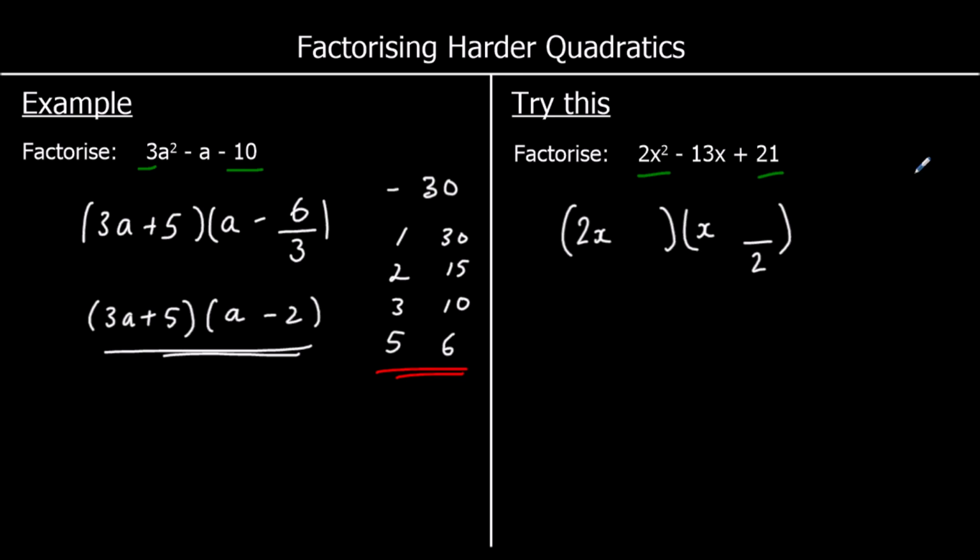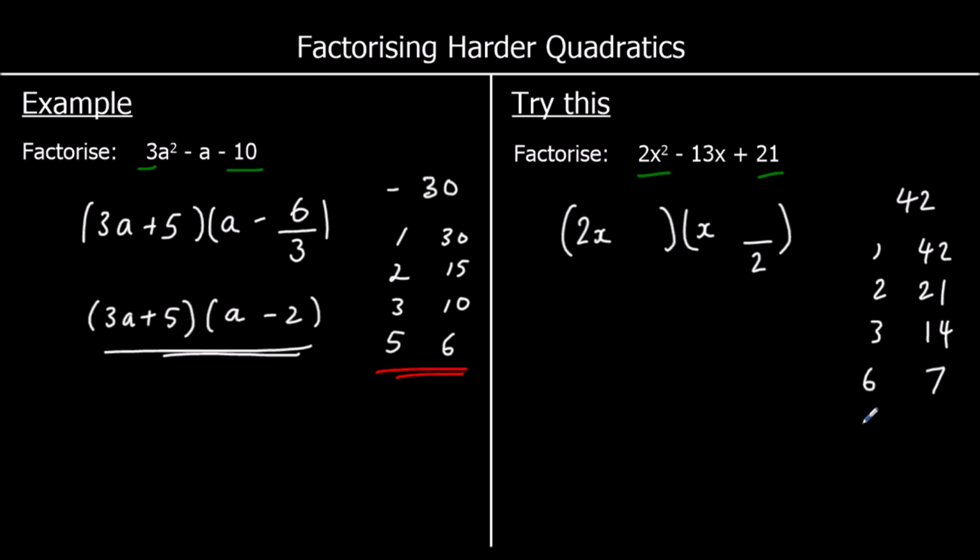2 21s are 42. What multiplies to make 42? 1 times 42. 2 21s. 3 times 14. It's not in the 4s, the 5s, and it's in the 6, 6 times 7. Which of these can give me a 13?